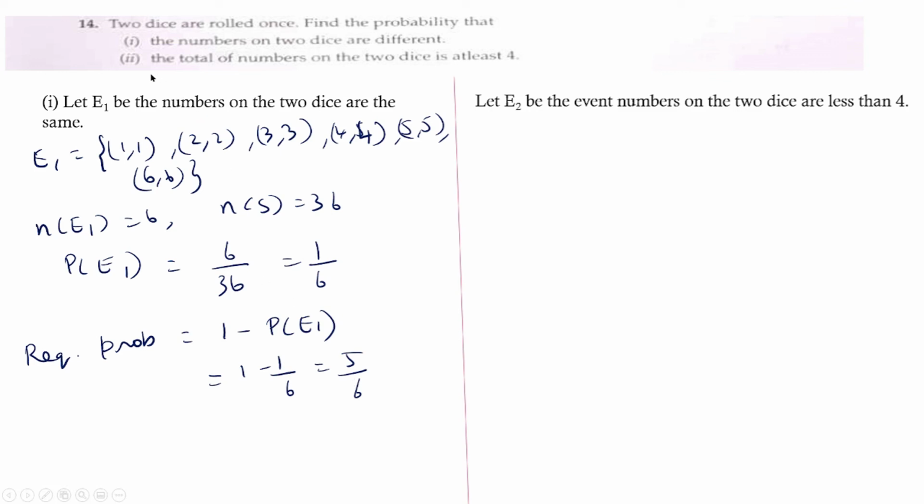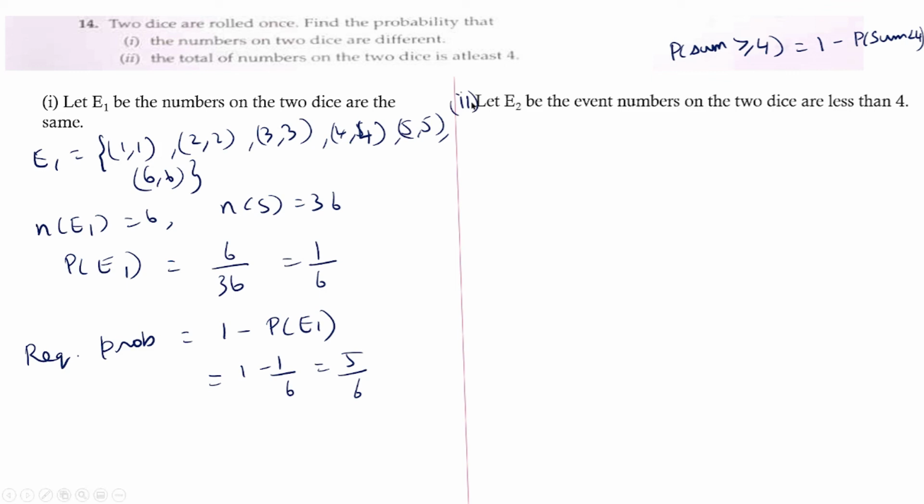The next subdivision, total of numbers on the 2 dice is at least 4. So we need to find the probability that the sum is greater than or equal to 4. This can be calculated as 1 minus probability of sum less than 4.